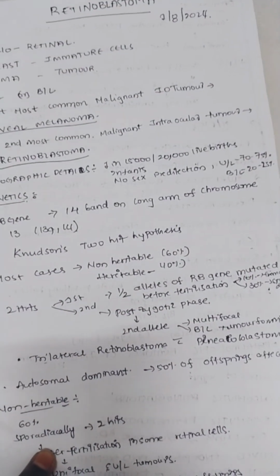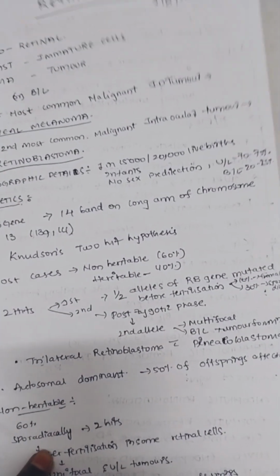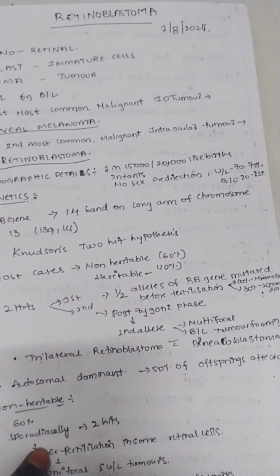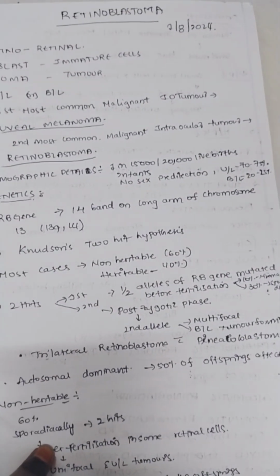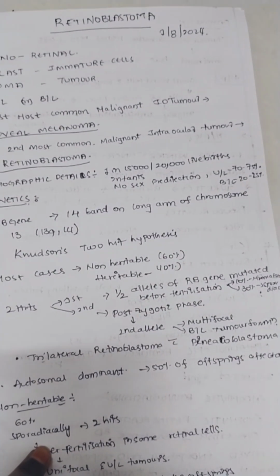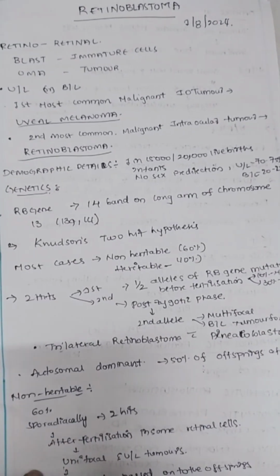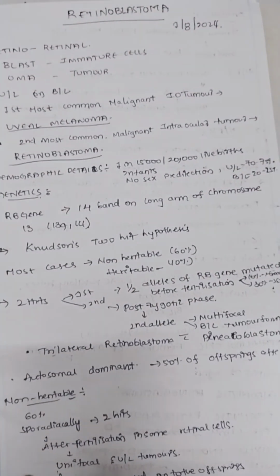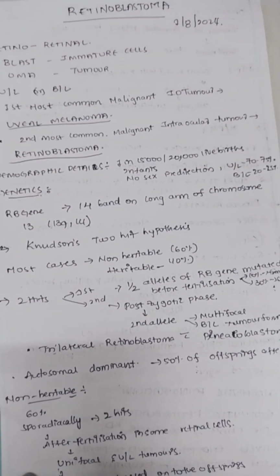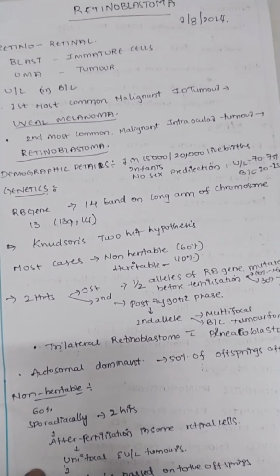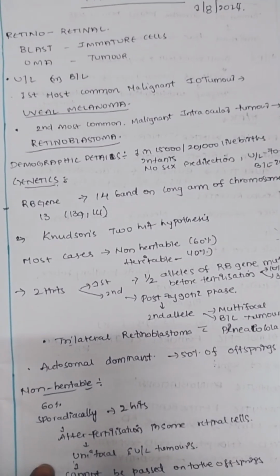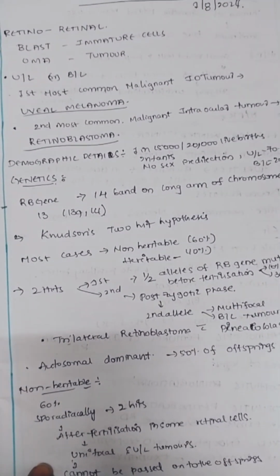The second allele may get mutated and bilateral tumor formation may occur, and trilateral retinoblastoma along with pinealoblastoma may also occur. This is autosomal dominant, so 50% of offspring may have a chance of getting retinoblastoma from the defective allele of the parent.